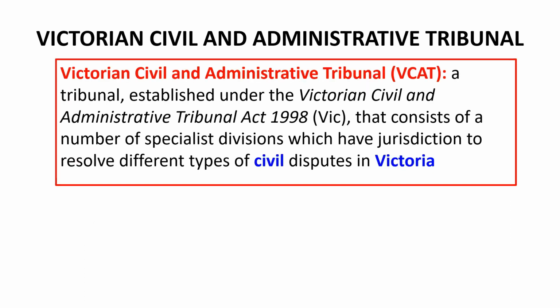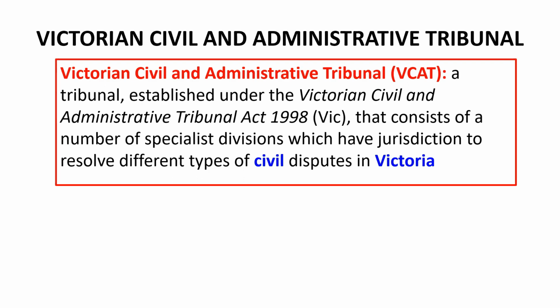In the previous video, in which we looked at some important background information about the Victorian Civil and Administrative Tribunal, I explained to you that the Victorian Civil and Administrative Tribunal is a tribunal established under the Victorian Civil and Administrative Tribunal Act of 1998 (Vic) that consists of a number of specialist divisions which have jurisdiction to resolve different types of civil disputes in Victoria.